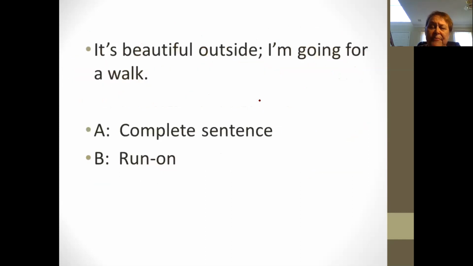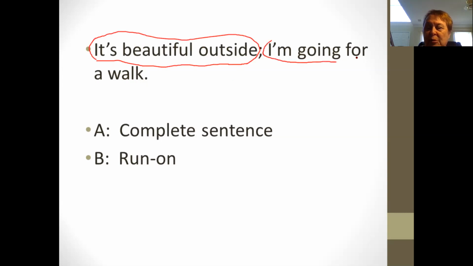All right. It's beautiful outside. I'm going for a walk. Take a moment. Okay, what did you say? Complete sentence? If you did, you're correct. Let's take a look. It's beautiful outside. You can see that's our first independent clause.